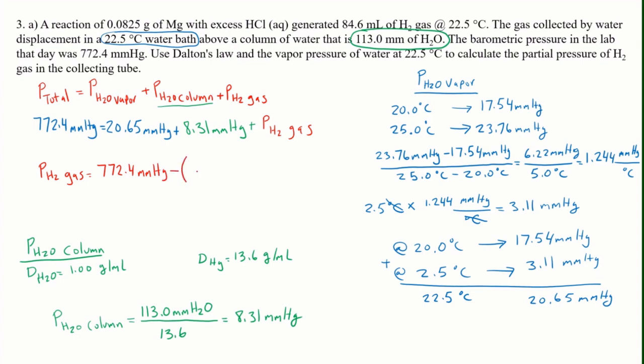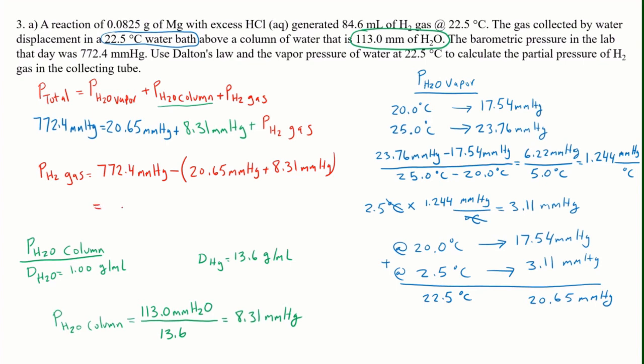minus 20.65 millimeters of mercury plus 8.31 millimeters of mercury. And now you see all of the units are the same, so I could add and subtract them without a problem.